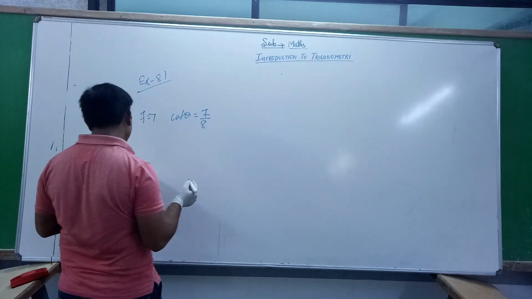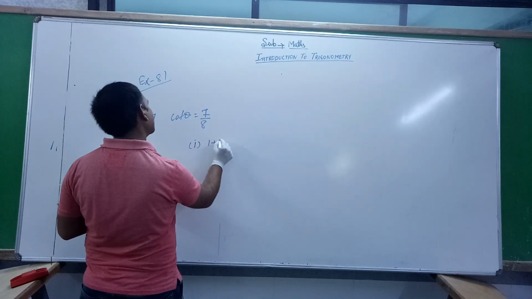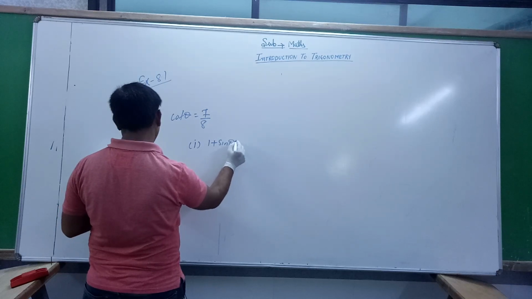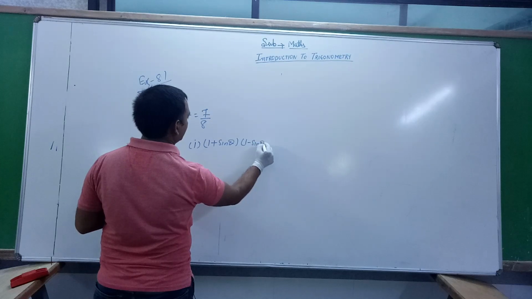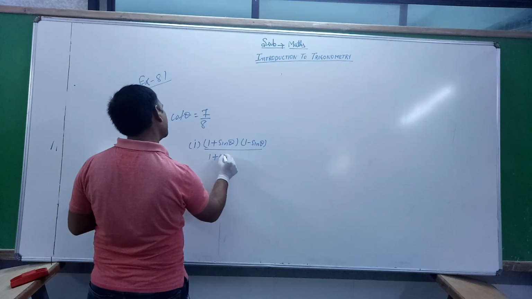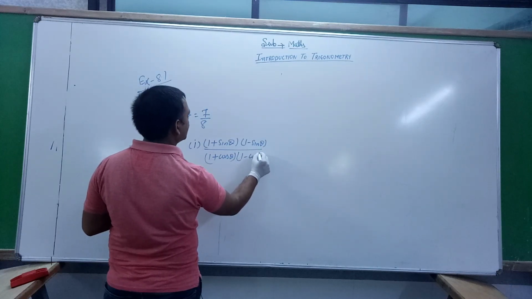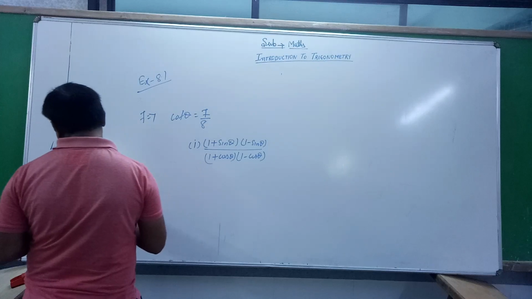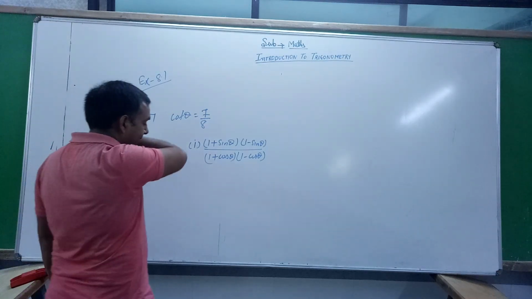Then you find the value of (1 plus sine theta)(1 minus sine theta) divided by (1 plus cos theta)(1 minus cos theta). If cot theta is given, then you find the value of this.